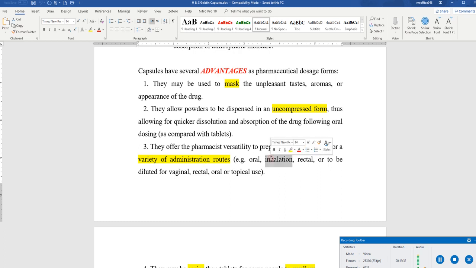Now I will show you two devices. We have the spinhaler device, which is a dry powder inhaler, and the rotahaler. Both of these two devices, which are DPIs, use capsules to encapsulate the dose of the drug.